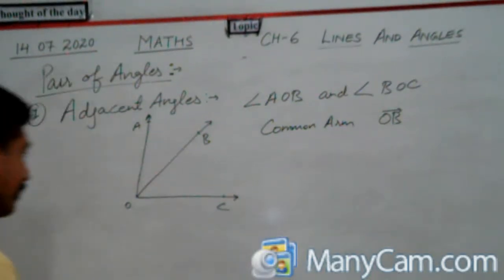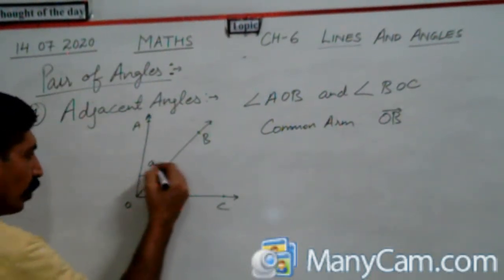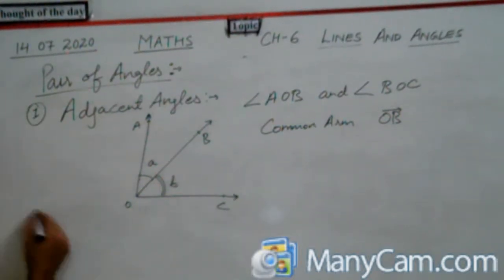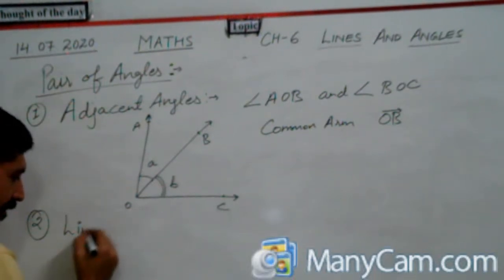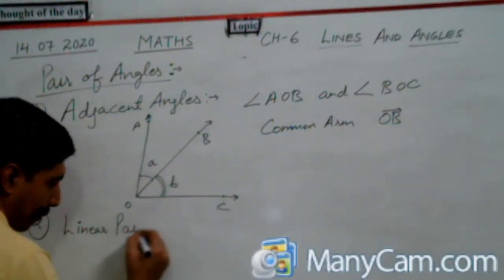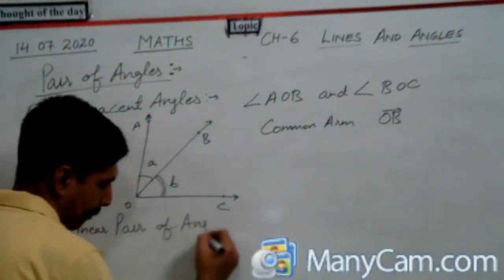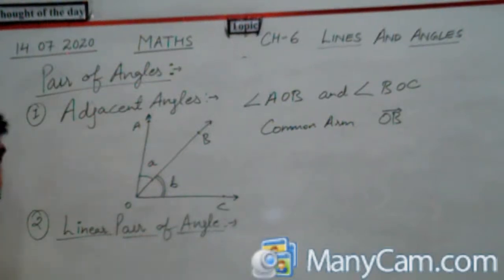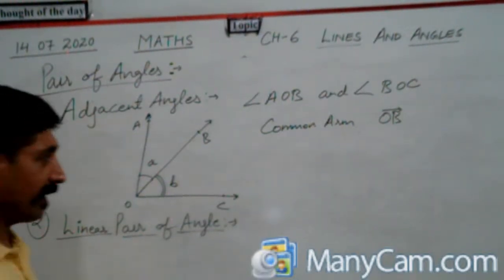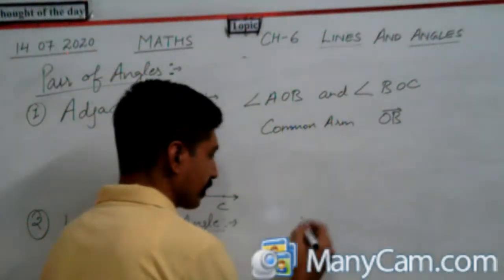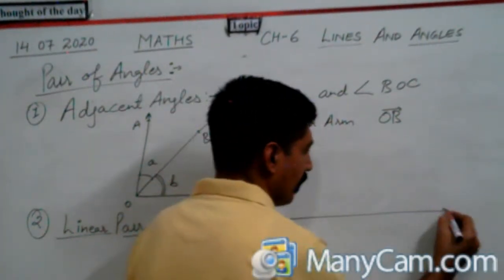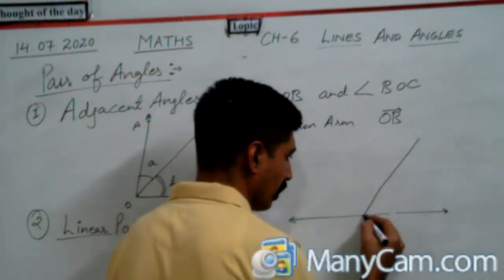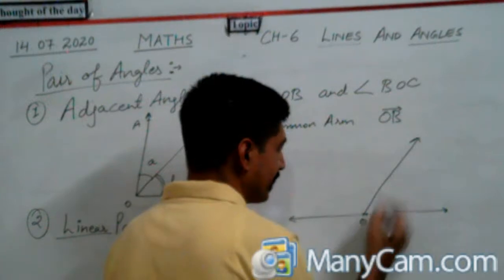What we call, if one angle is A and one angle is B, right? The linear pair of angles, when we have the common arm, the same points I am taking.